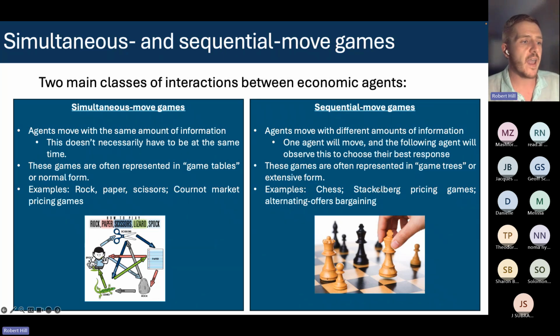Other examples are Stackelberg pricing games that you might have heard of in your economics courses, or alternating offers bargaining. So, I put something down on the table, you don't like it, you make a counter offer, I make a counter offer, etc. That's a sequential move game.